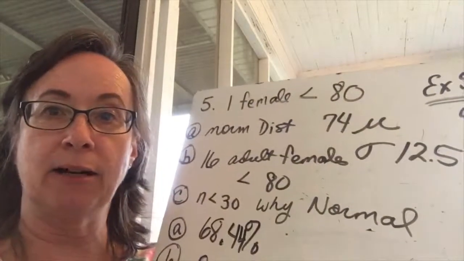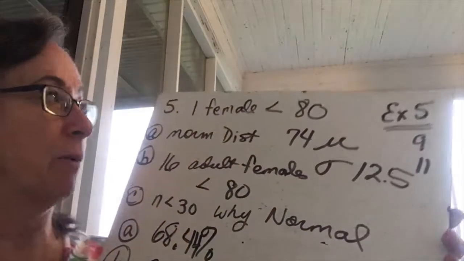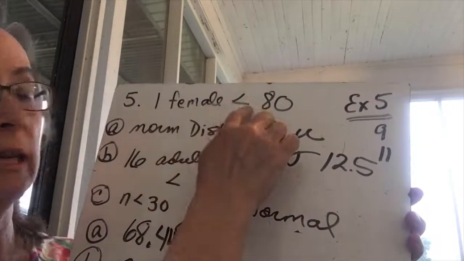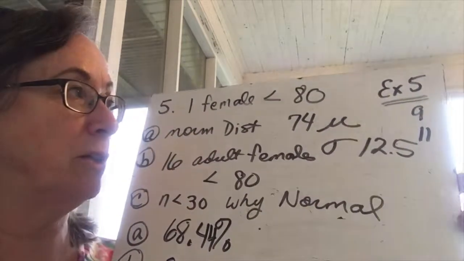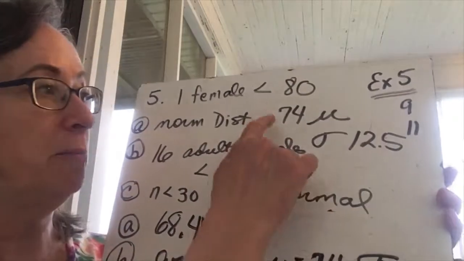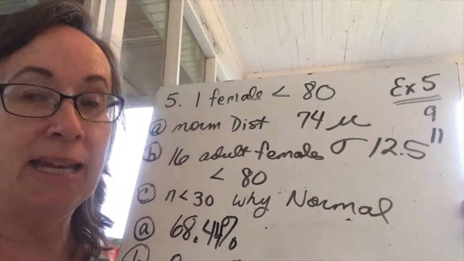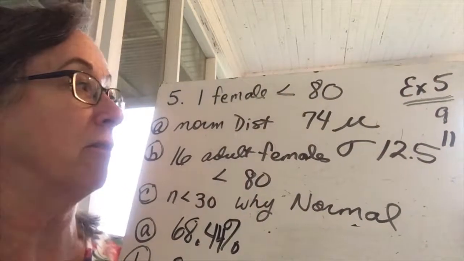Let me see if I can adjust so you can see my board. Okay, so one female less than 80 beats per minute. Since it's only one, we're going to go with the mean and the standard deviation. I just used my calculator on this.